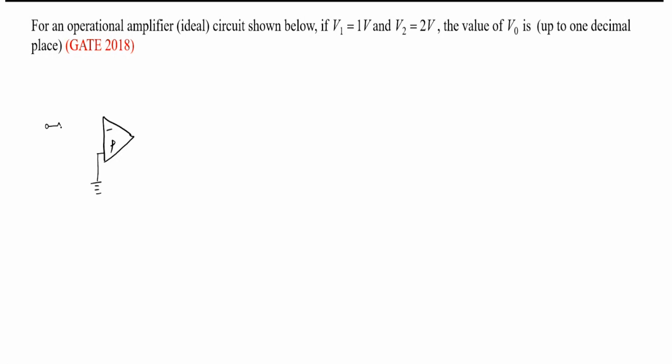They have given two inputs like this, a feedback resistor, and they are taking the output across RL. This one is 4K, this is 2K, this is 5K. I cannot remember the value of RL, but it is not necessary here. V1 and V2. So this is the circuit.